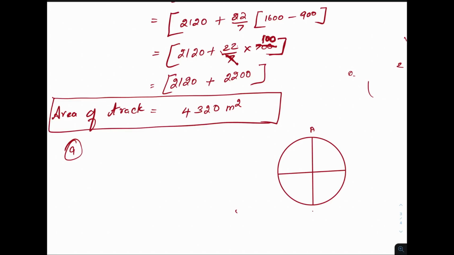So this is A, B, C and D. This is the center of the circle, O. Here they have joined A to C and B to C, and here we have a smaller circle. Now we need to find the shaded region.